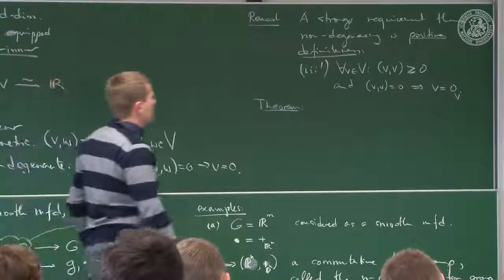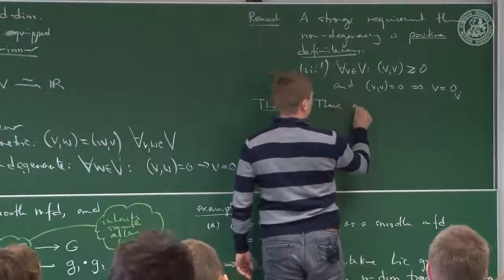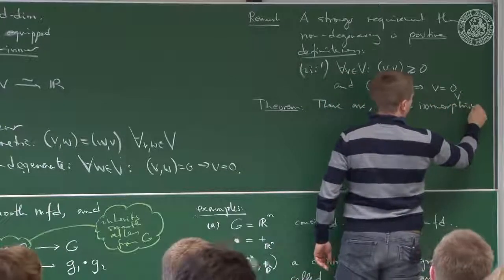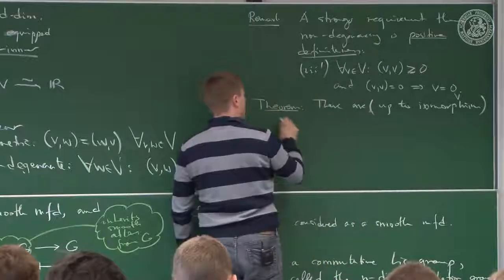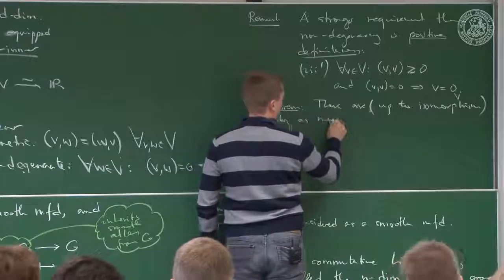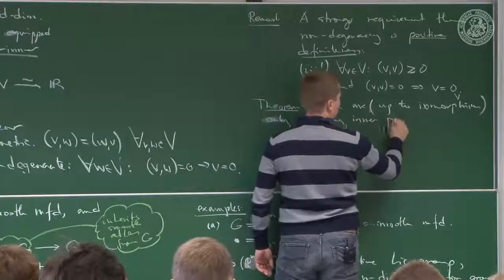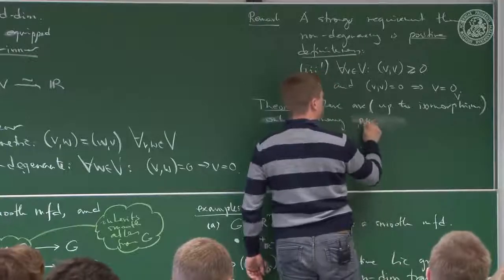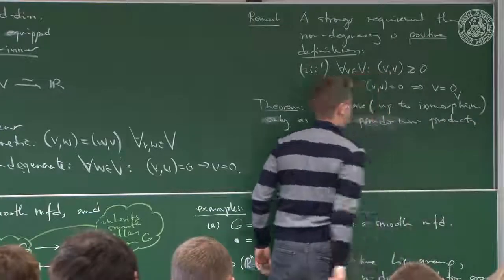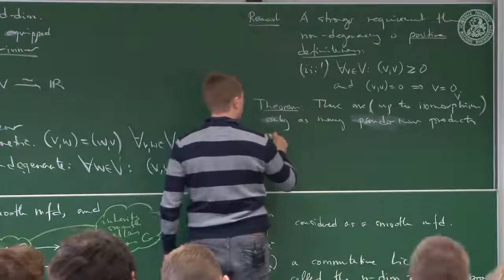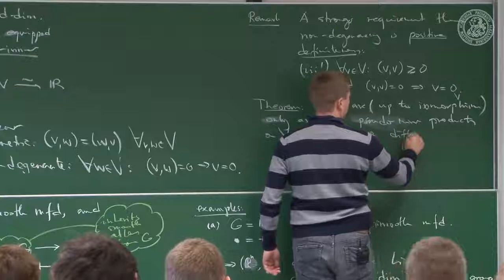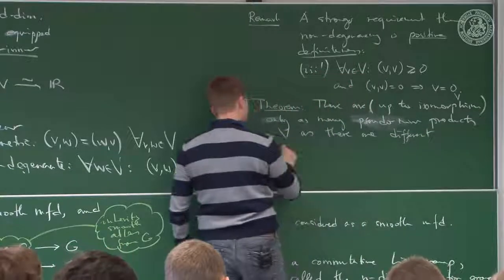There are, up to isomorphism, only as many inner products, well, pseudo-inner products, on V as there are different signatures.